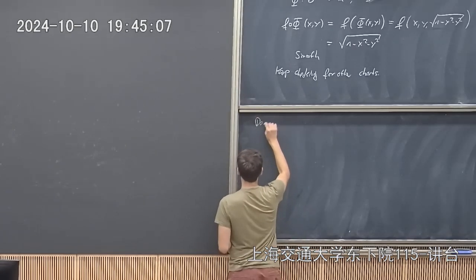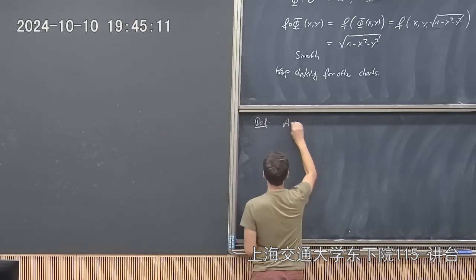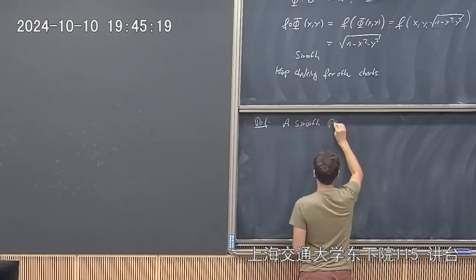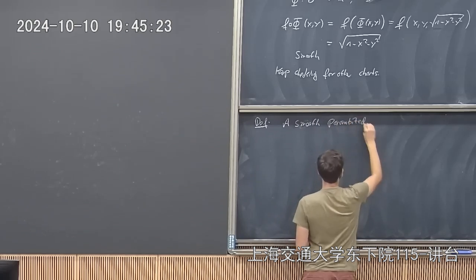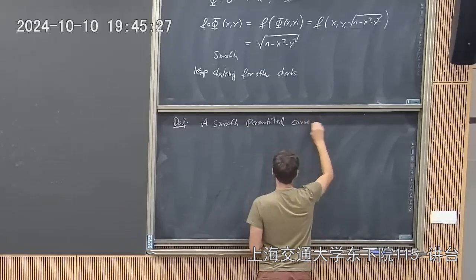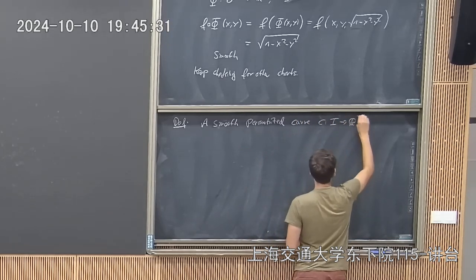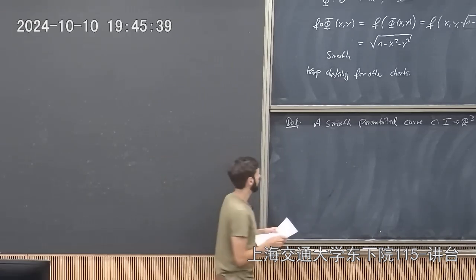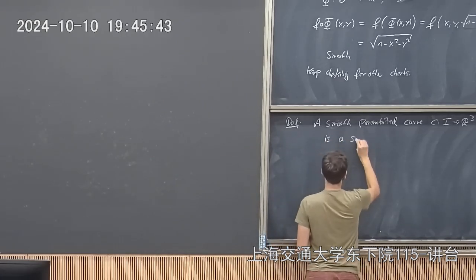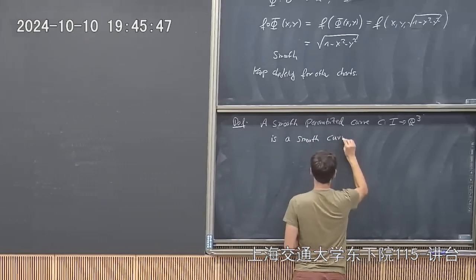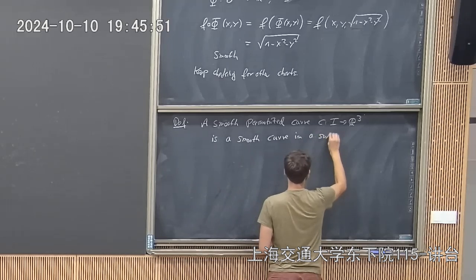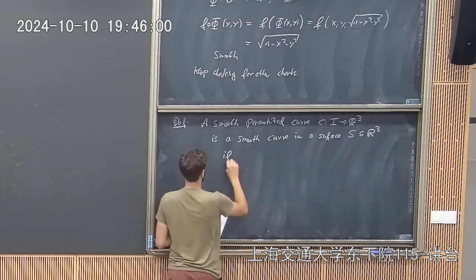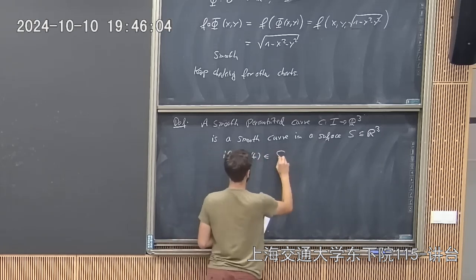So in this context, some curve which is living in R3, and we see that this one is a smooth curve in the surface if C of t is always an element of the surface.